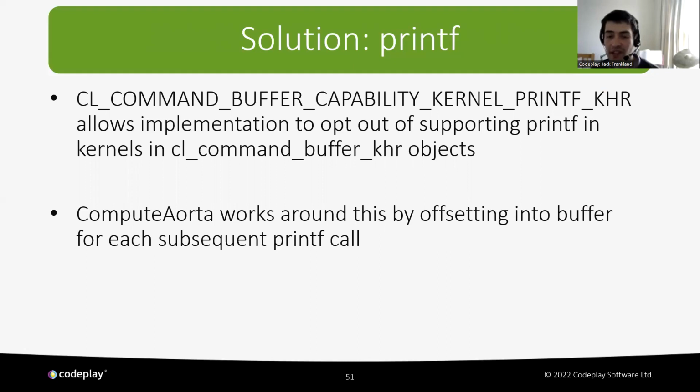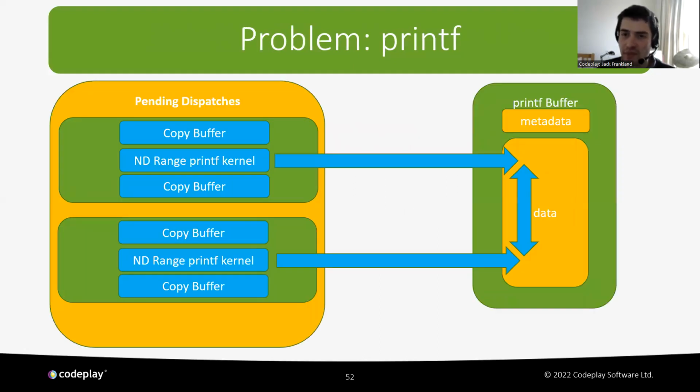We do support printf in ComputeCpp inside of kernels and command buffers with simultaneous use, and the fix for this was to add some offsetting machinery kernel side so that each instance of the command buffer ends up writing into this printf buffer at some offset, and then the callbacks do a similar thing and have some offset that they read at. So each printf has its own region within the buffer, and there's no longer any overwriting.